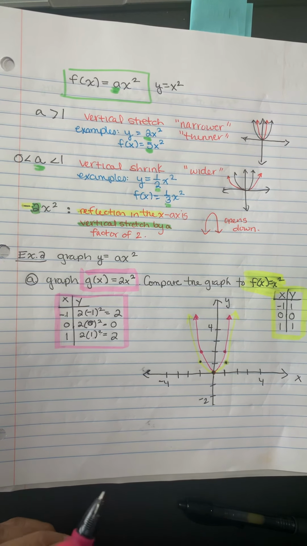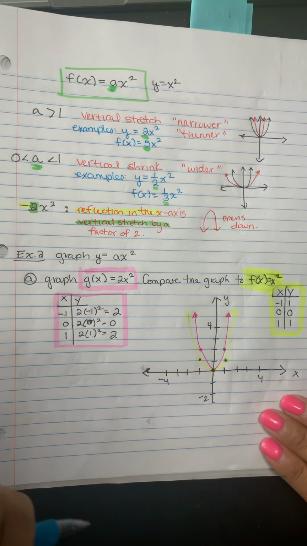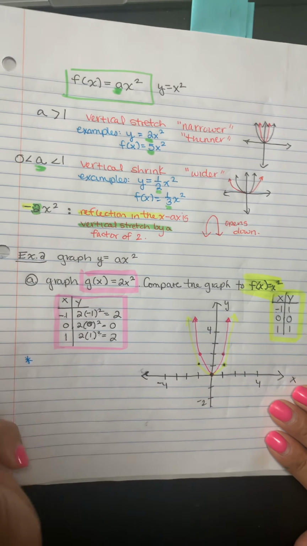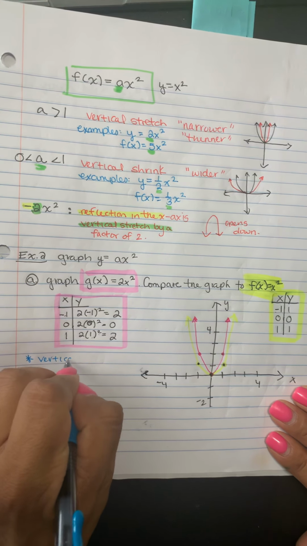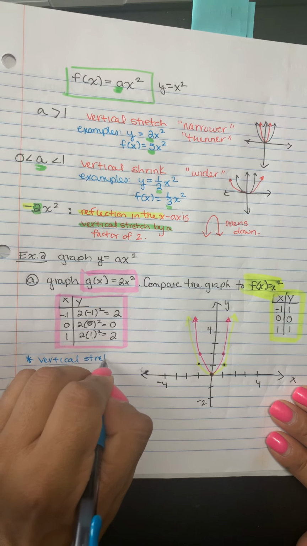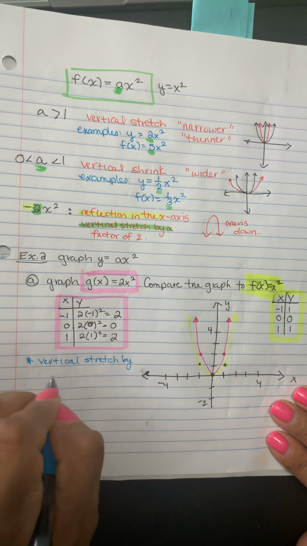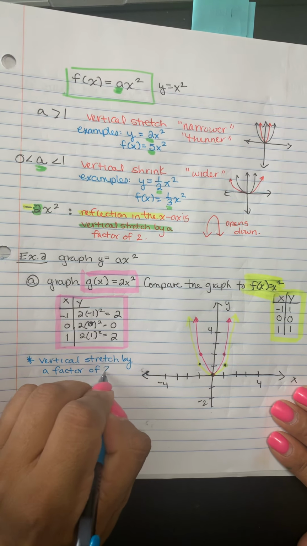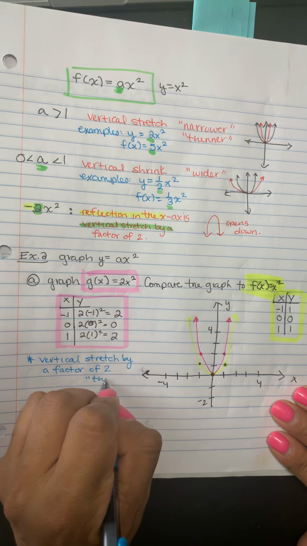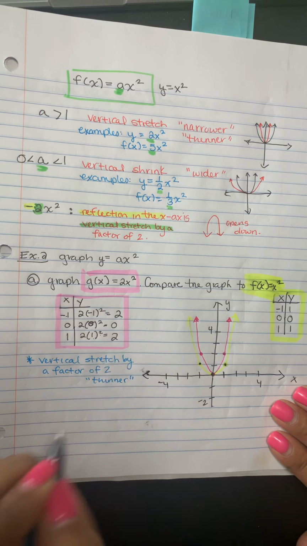All right, so we know that, let's write this down. There's a vertical stretch by a factor of 2, so we know it's going to be thinner.